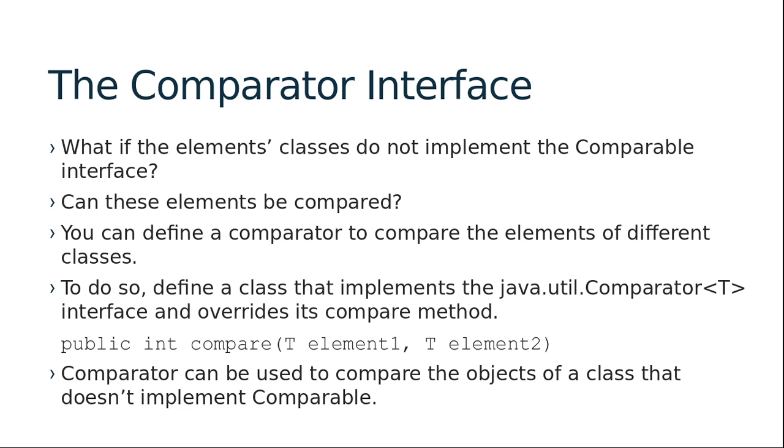So the comparator interface we can use to compare two elements of different classes. For that, we implement the comparator interface, and we define the abstract method of the comparator interface, which is the compare method, having this definition: public int, it is going to return an integer value.